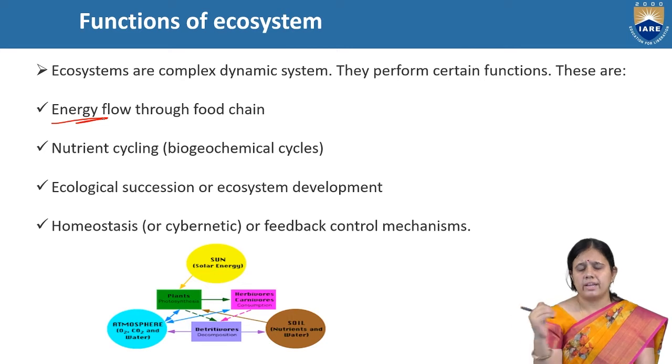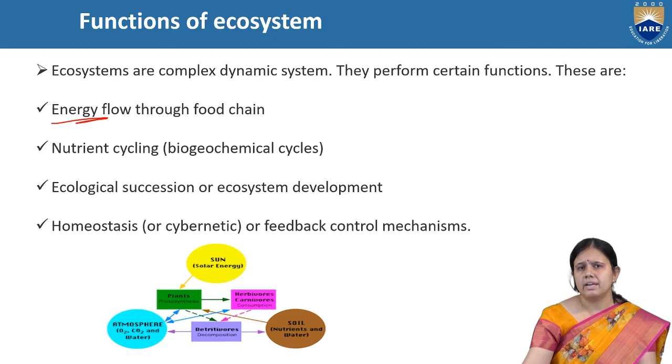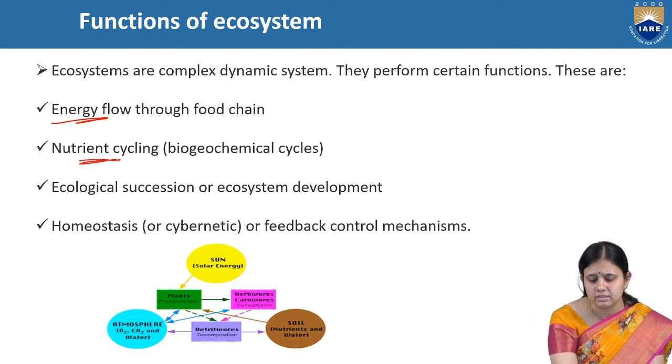Energy flows from one trophic level to another trophic level, from primary producer to consumer to decomposer, so that in this way the ecosystem is connected. This is called energy flow. And we are going to discuss this function in detail in the coming lectures.